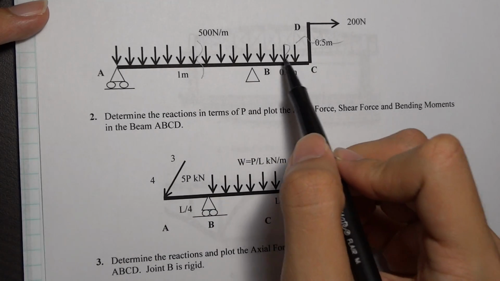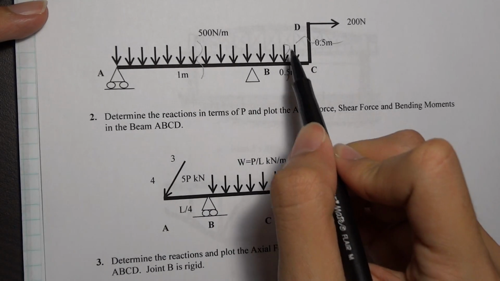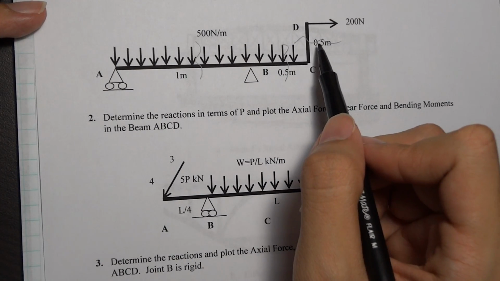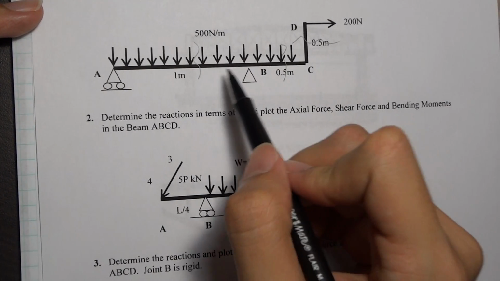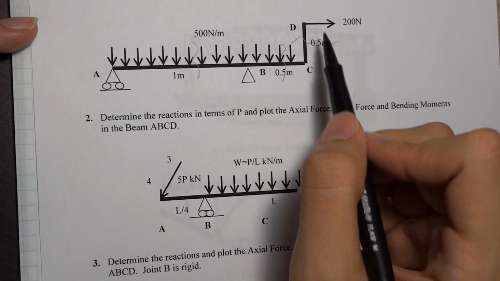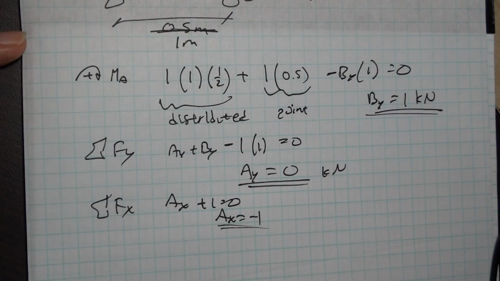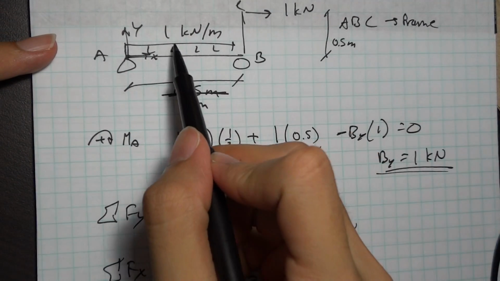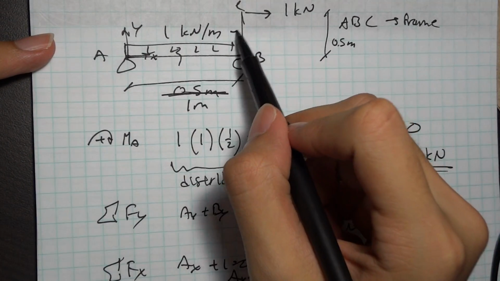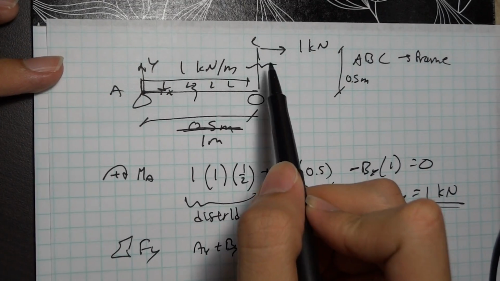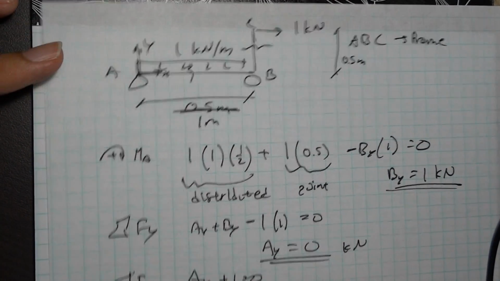Here, because you have a reaction here, you need to use another cut. And then here, you change direction. You enter a different member of this frame, so you need another cut there. In our case, we only need 2 cuts. We need a cut here and a cut here. Those are the only 2 cuts we need.